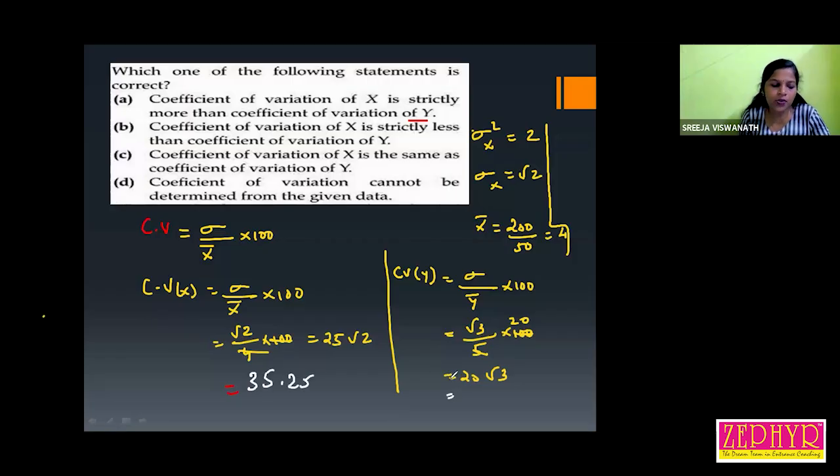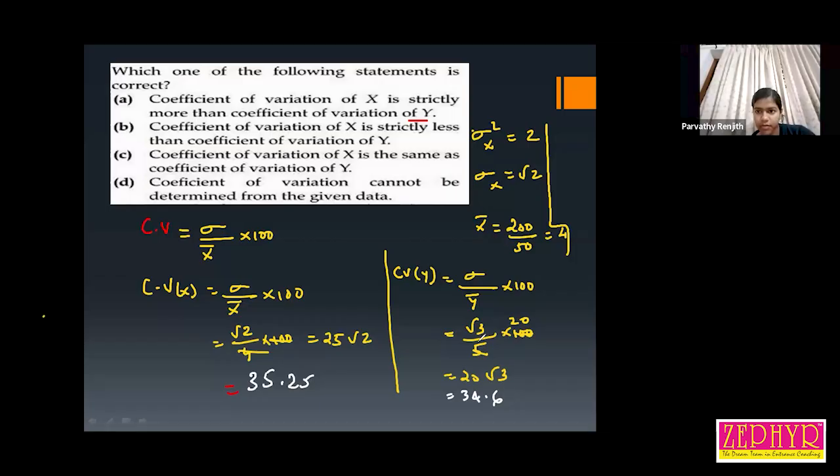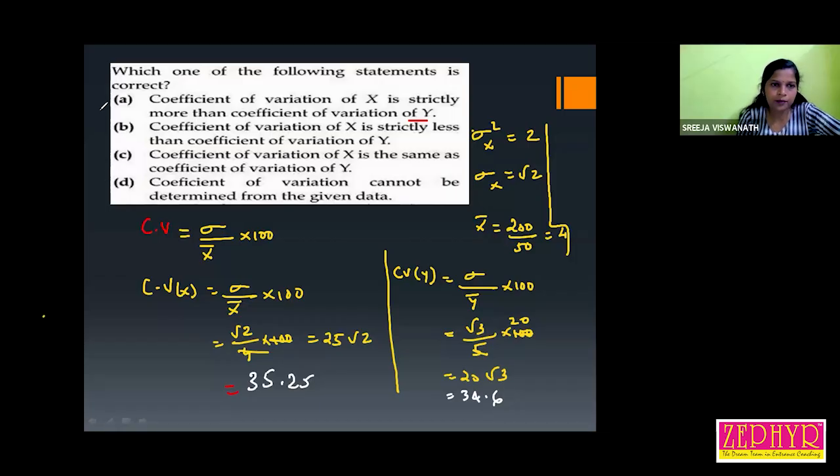And 20 into 1.73 is 34.6, right? So the answer: coefficient of variation of x is strictly greater than y. Option A.